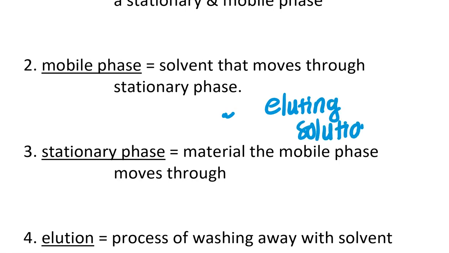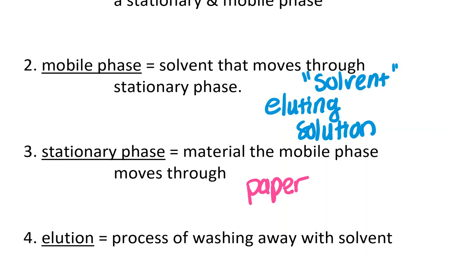eluting solution. Sometimes we just call it the solvent. And our stationary phase is going to be our paper. So our paper is kind of porous, and we're going to set it up so that our solution will soak up through the paper.